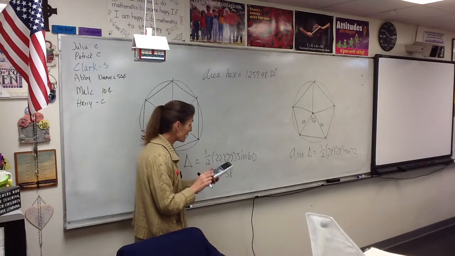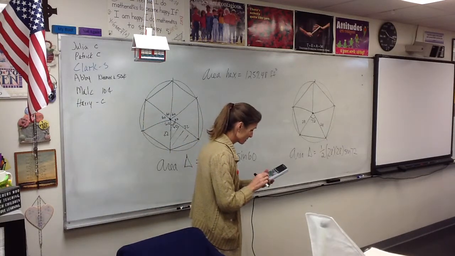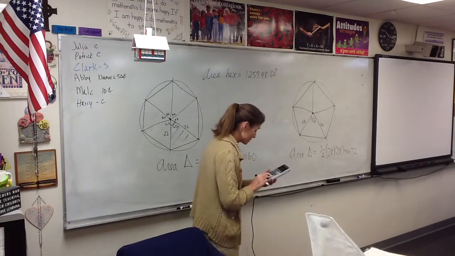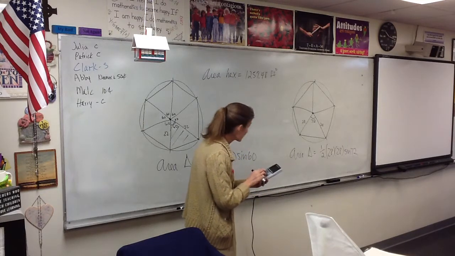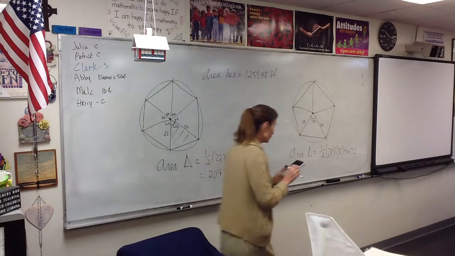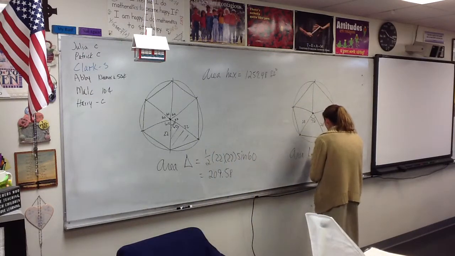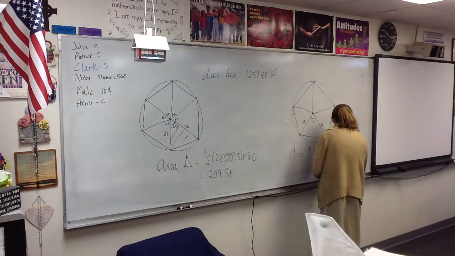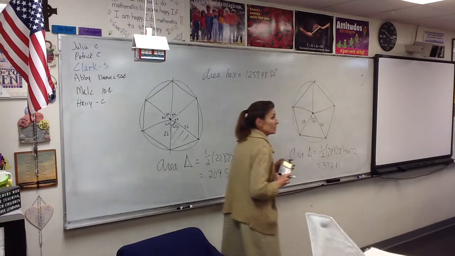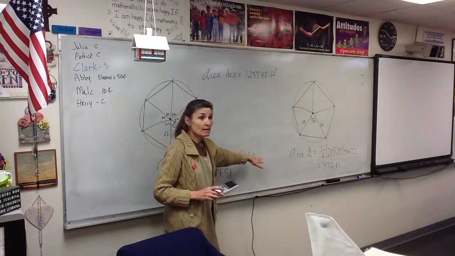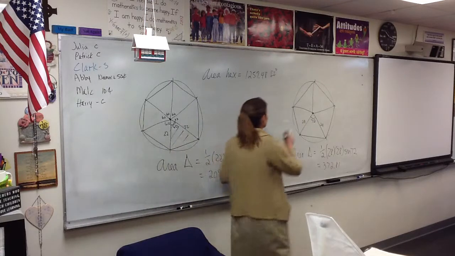So 0.5 times 28 times 28 times sine 72. Is that 372.81? Yep. Now that's the area of the triangle.